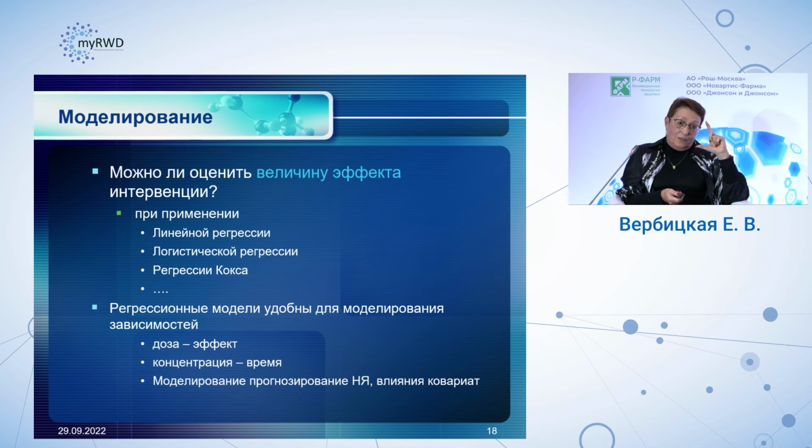Can we assess the size of the effect? We may build up a logarithm. We may model something. We may make a curve, find some coefficients. But how can we numerically assess the effect by regression?